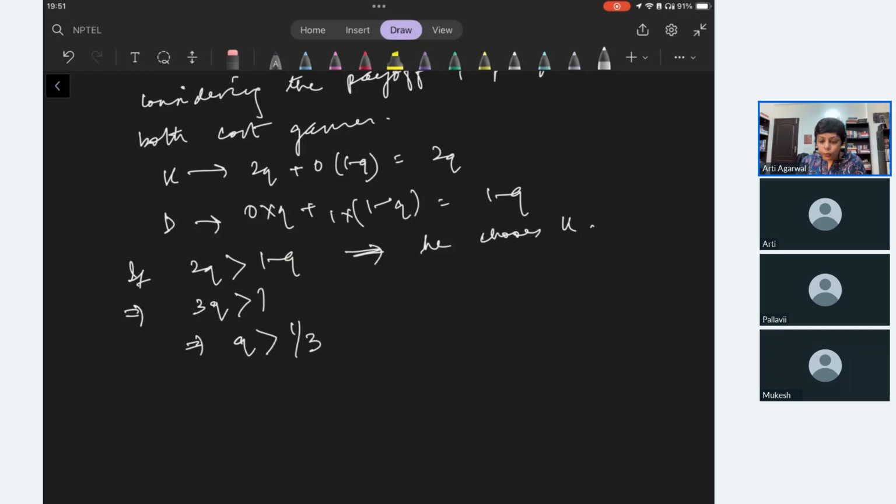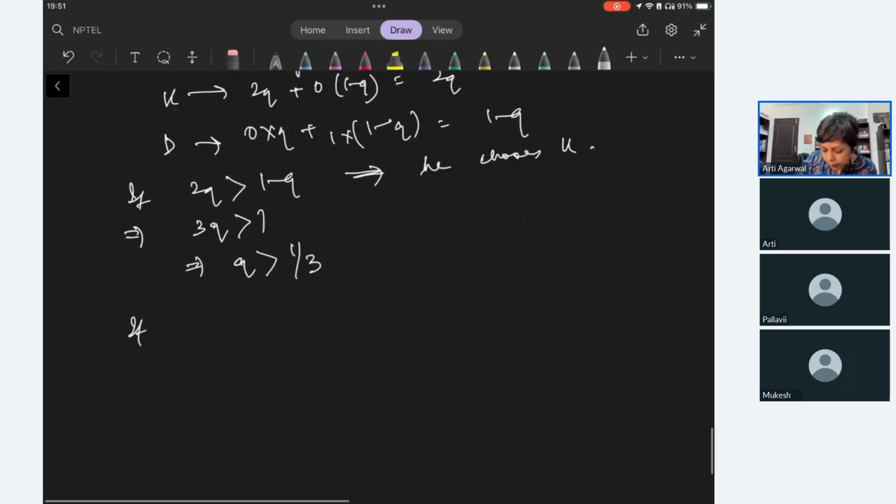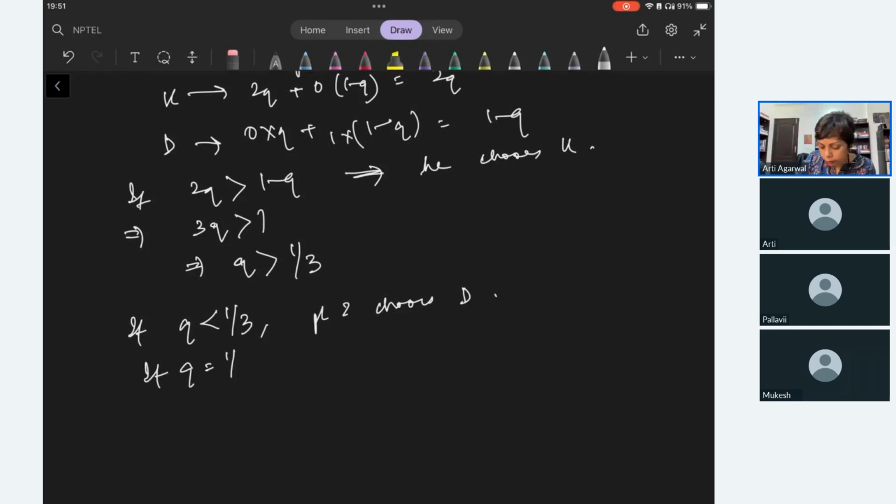So if Q is greater than 1 by 3, he chooses U. If Q is less than 1 by 3, player 2 chooses D. If Q is equal to 1 by 3, he is indifferent.